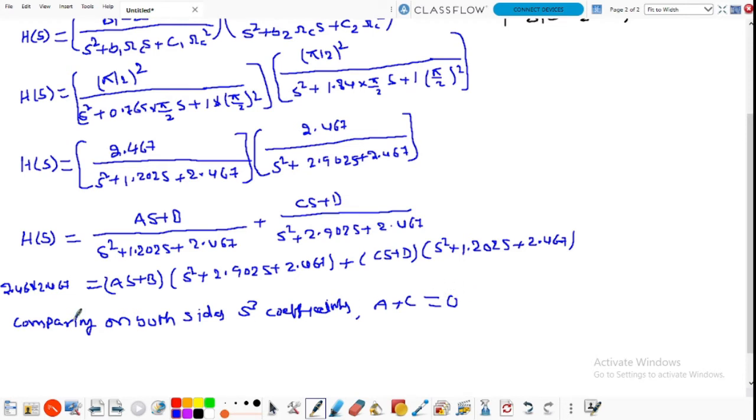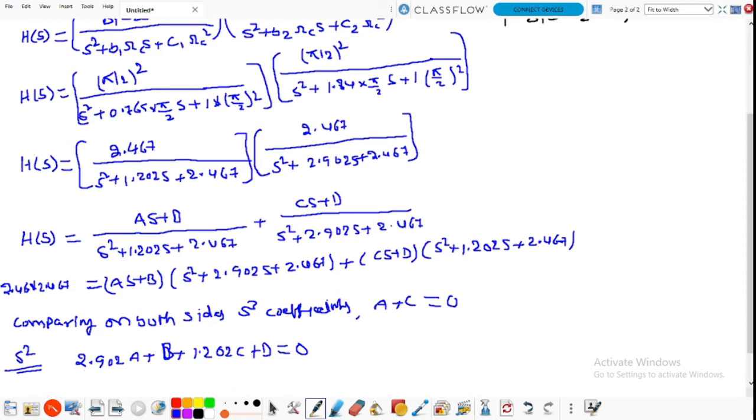And comparing S square coefficients on both sides, on LHS side there is no S square coefficient. On RHS side the S square coefficient is 2.902A plus B plus 1.202C plus D is equal to 0.